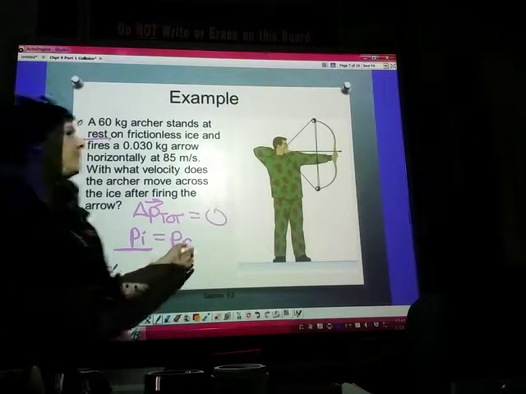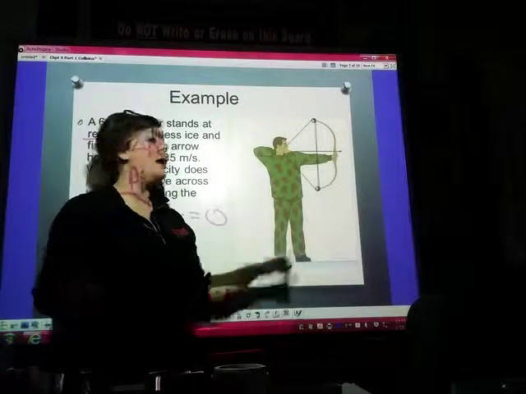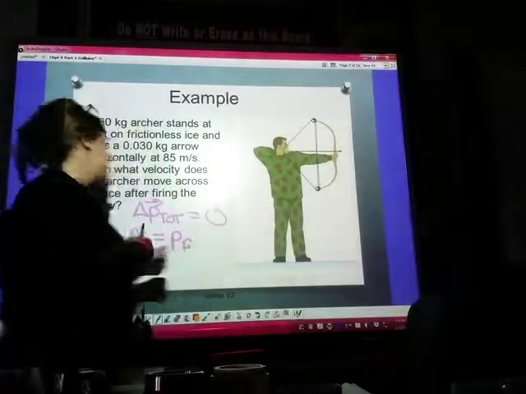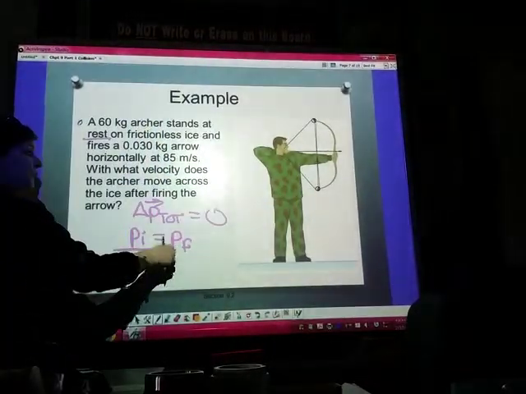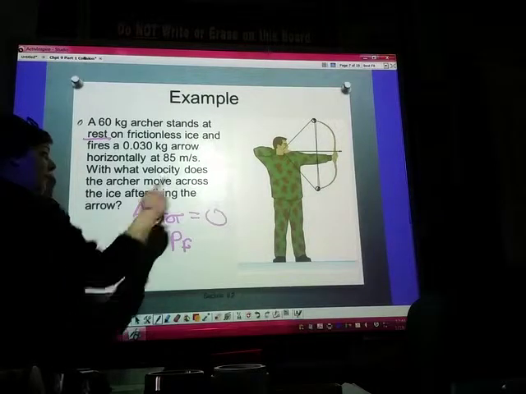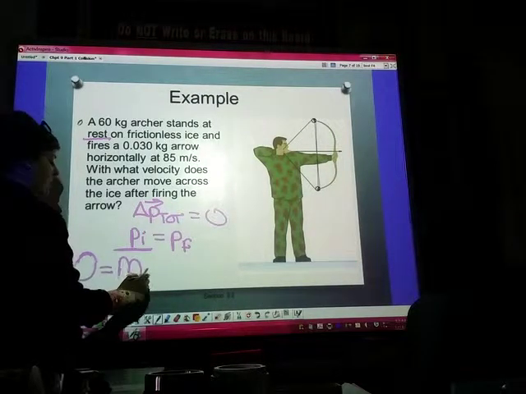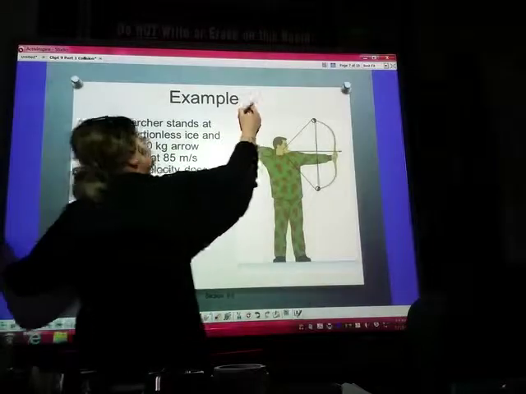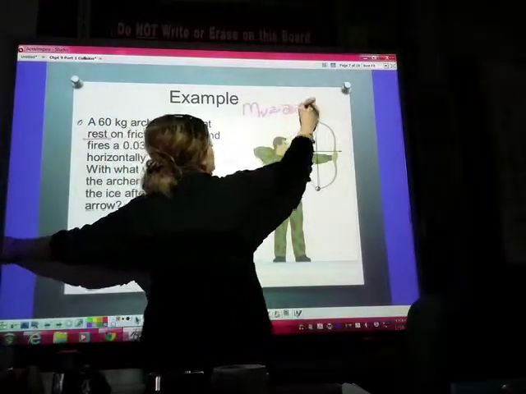Then let's talk about what happens to the momentum of both of them after he shoots the arrow. So afterward, I have the momentum of the archer.